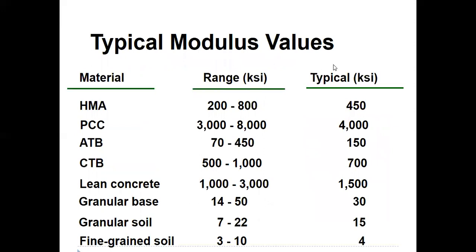Typical modulus values: hot mix asphalt 450, Portland cement 4000, asphalt treated base 150, cement treated base 700, concrete 1500, granular base 30, granular soil 15, and fine grade soil 4.